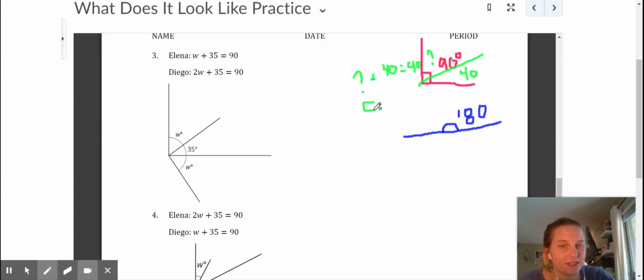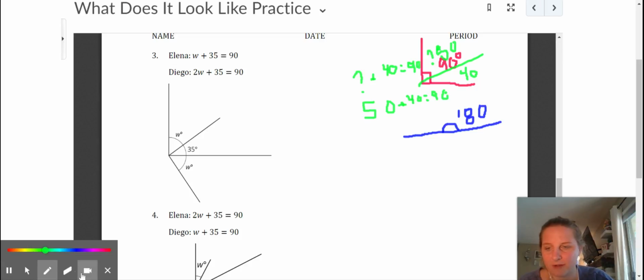Oh, 50, and I could subtract 40 from both sides. 50 plus 40 equals 90. So that would mean that this angle right here is 50. Sorry, my writing is super messy. I hope you can follow along with that.